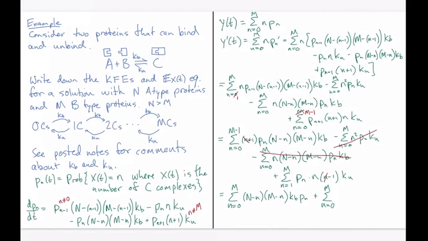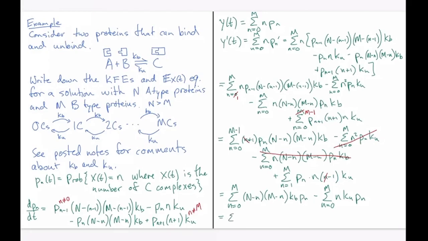Okay, so what do we have left? First of all, there's a minus sign in front. And then we have n times k unbinding multiplied by pn. And now we can see some familiar terms, at least at the end there. This first term is not super familiar, but I will rewrite it multiplied out.